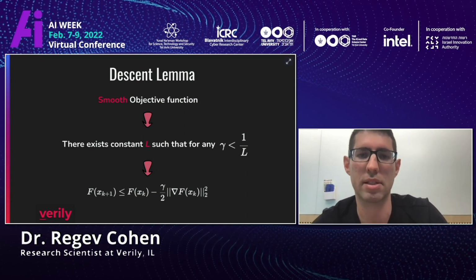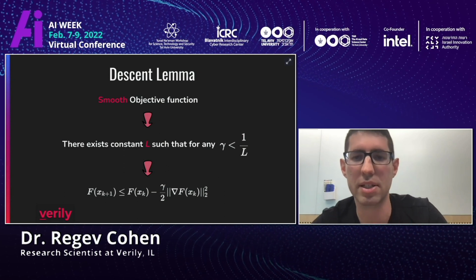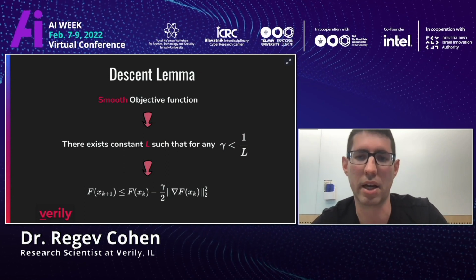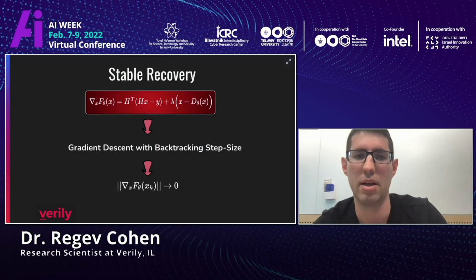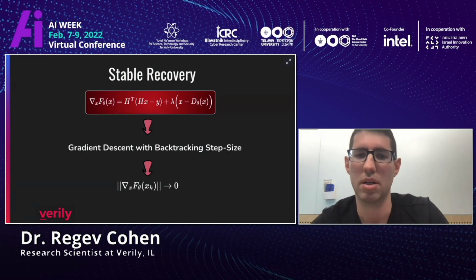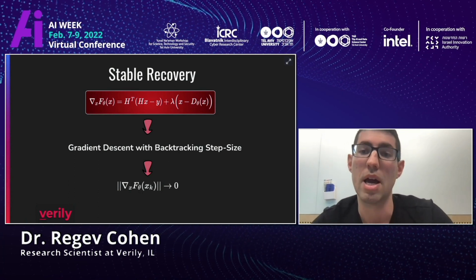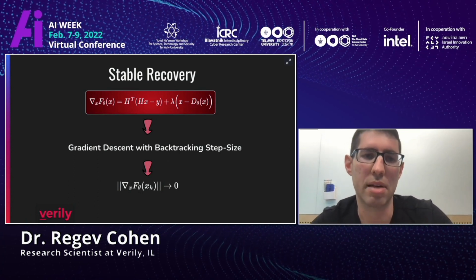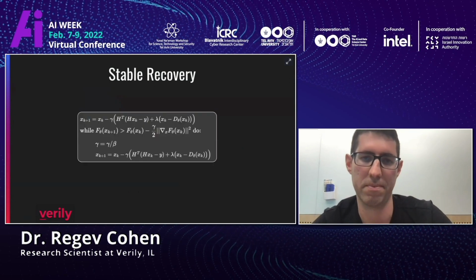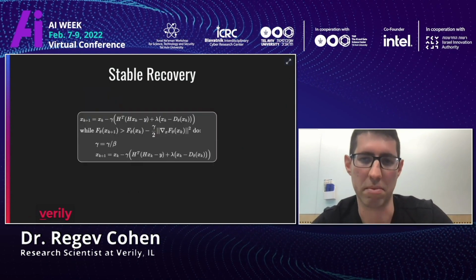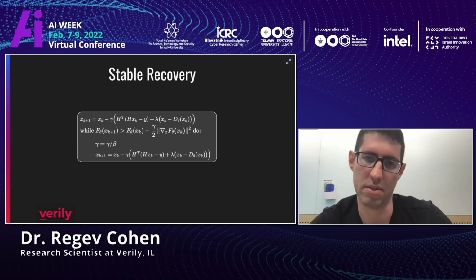This allows us to easily set the step size to ensure that every step we take is in the same direction. Thus, we can perform gradient descent using backtracking step size, and we are guaranteed to converge to a stable point. This is our algorithm, and you can see how simple it is.